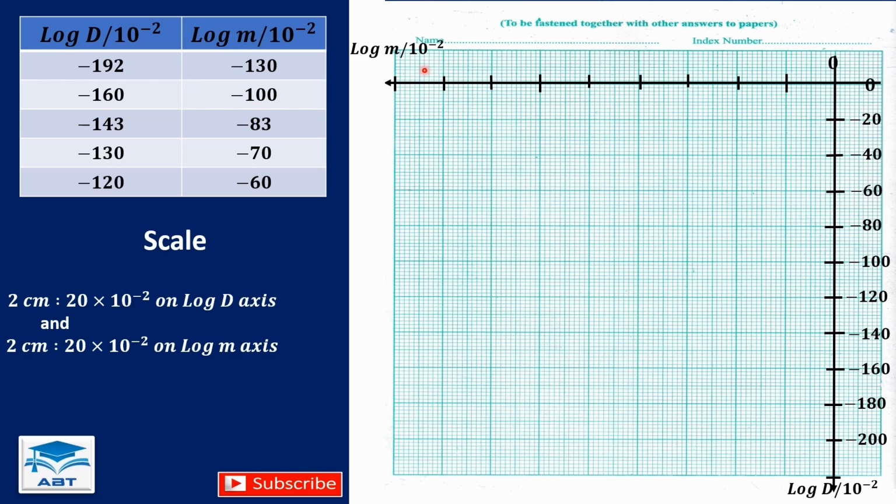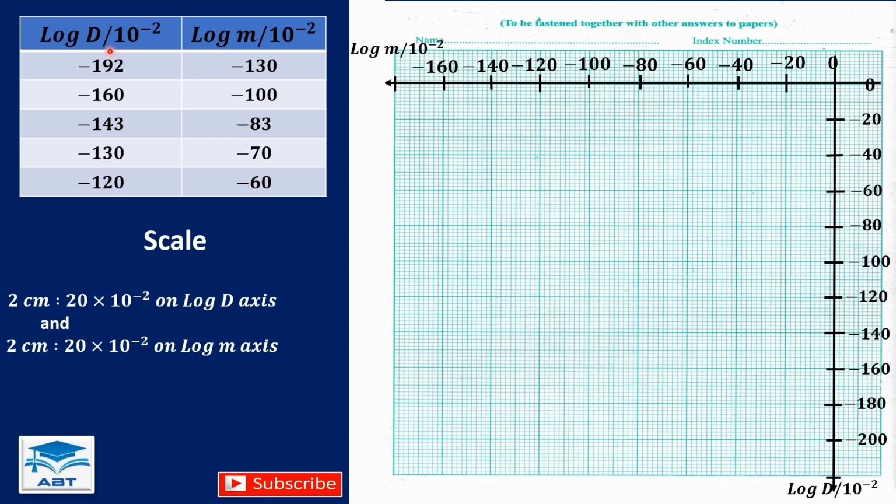And on log M axis too, we start from 0, negative 20, negative 40, negative 60, negative 80. Each big box is 20, and so 20 divided by 10 is 2. So each small box is going to be 2. And this should guide us to plot the graph.